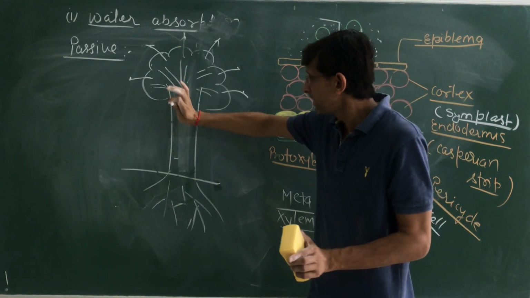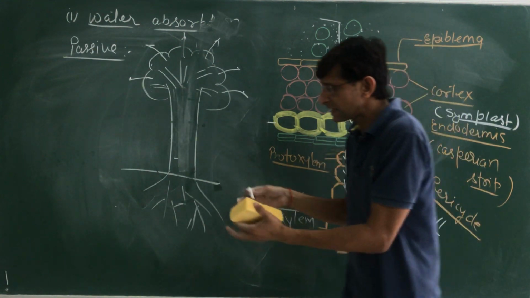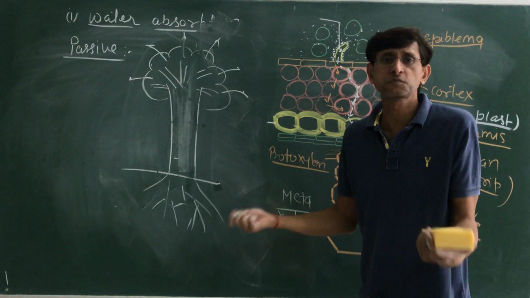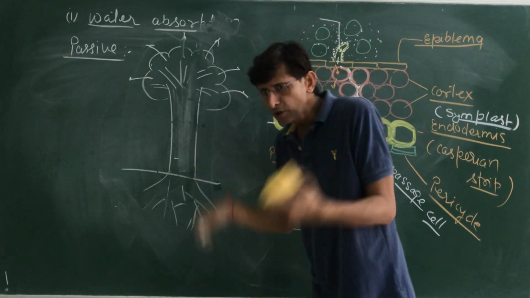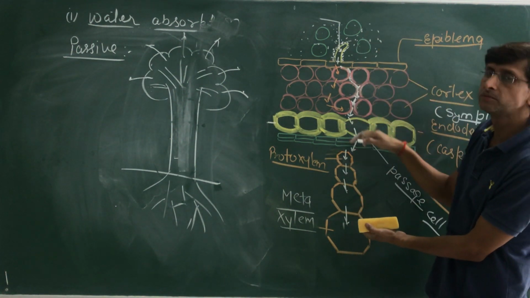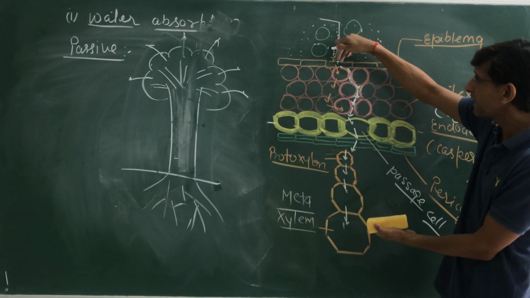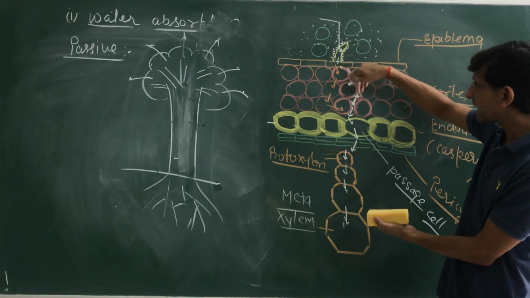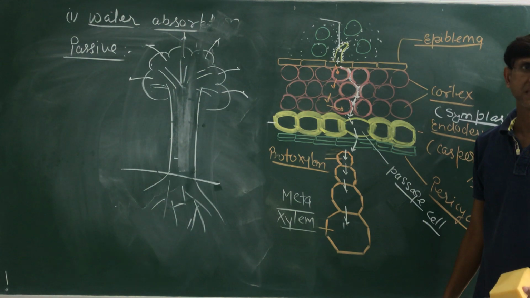This xylem of stem is ultimately connected to the xylem of root, and the root xylem always remains under a kind of pulling force, and this pull is the transpirational pull. And due to that pull, the xylem of root demands water from soil, and water enters into the root from soil, and it moves in between the cells through their cell wall, but never enters into the cytoplasm of cell.